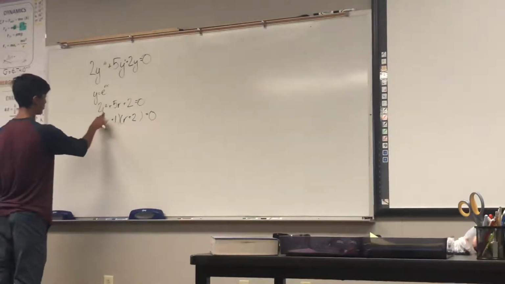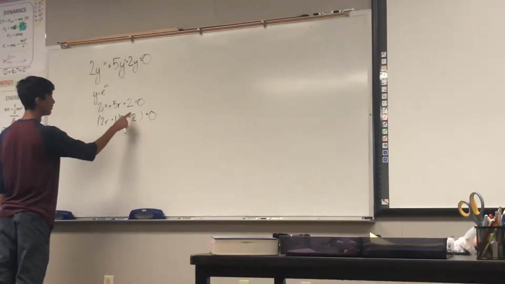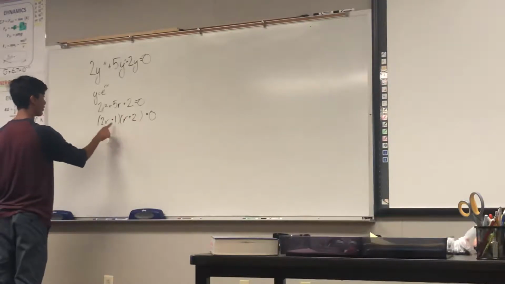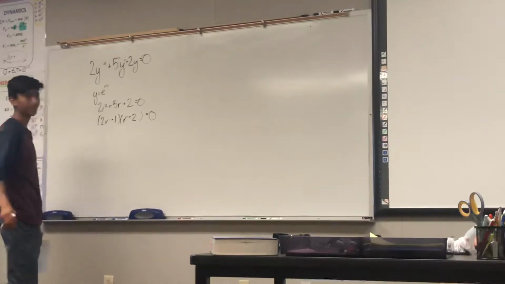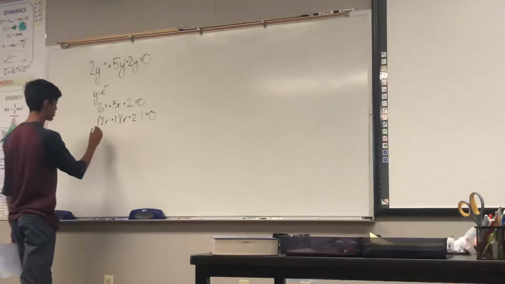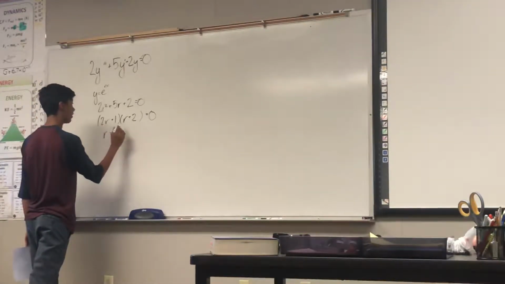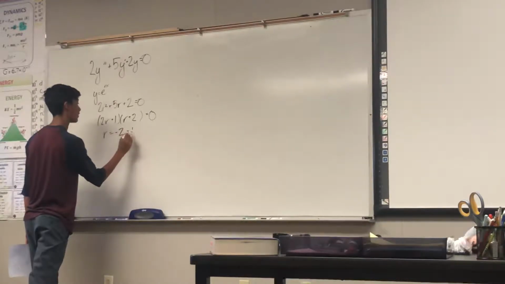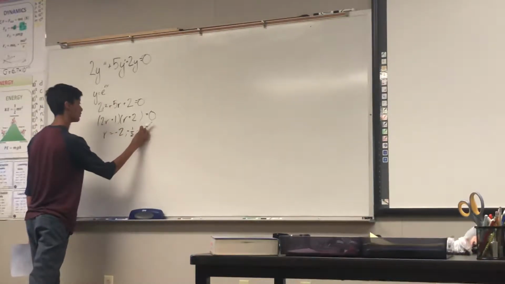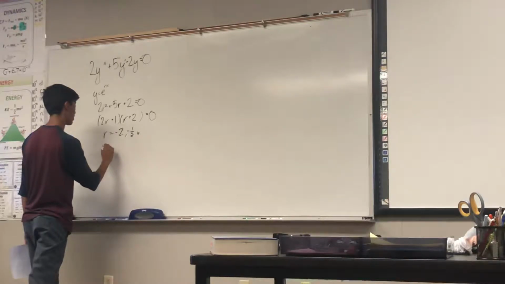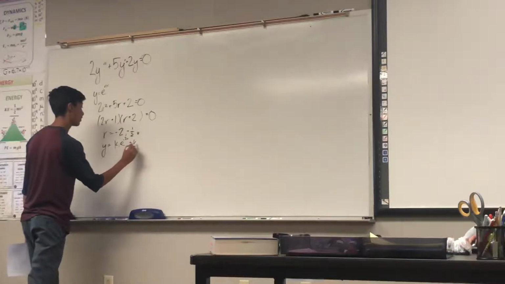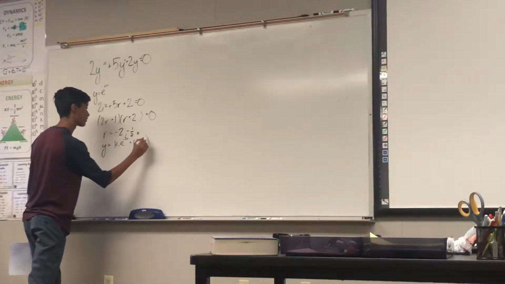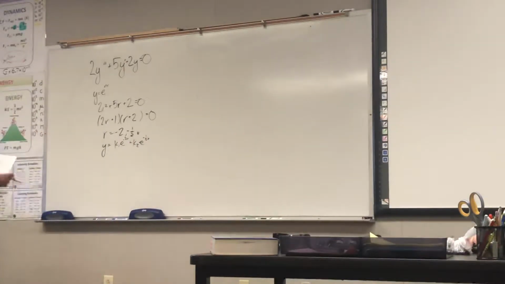Yeah. 2r squared. 1, 2, 2. 2 times 2r is 4r plus 1r, that's 5r. And then the solutions to this are -2, -1/2. So y is equal to k1 e to the -2x plus k2 e to the -1/2x. And those are your solutions. If you want, I could check it.